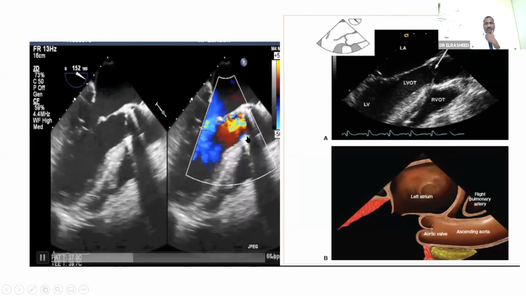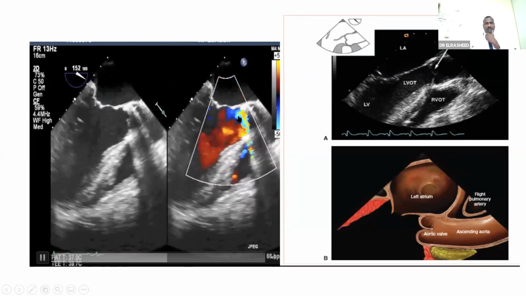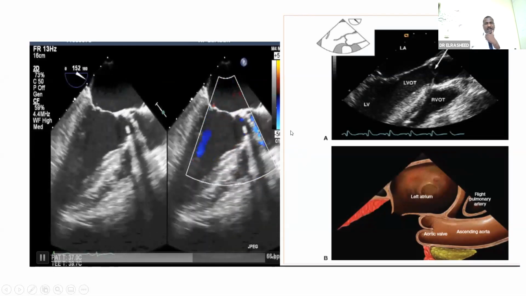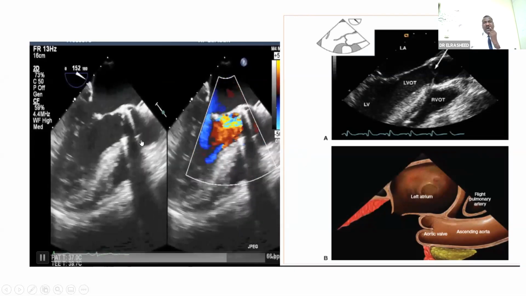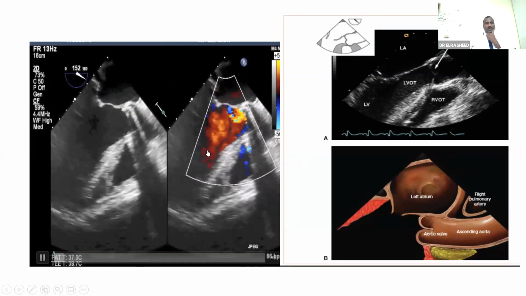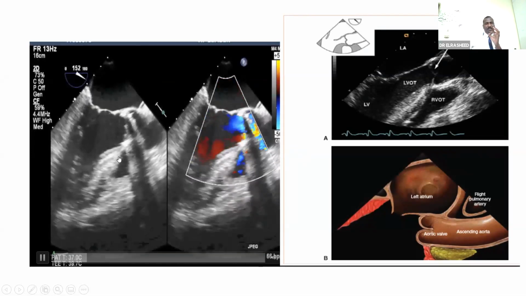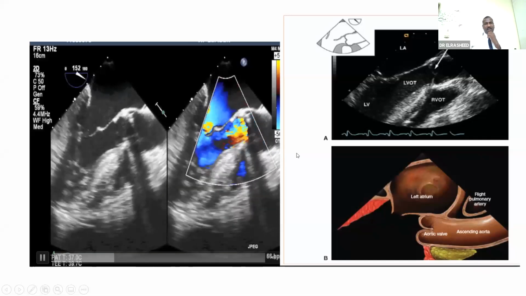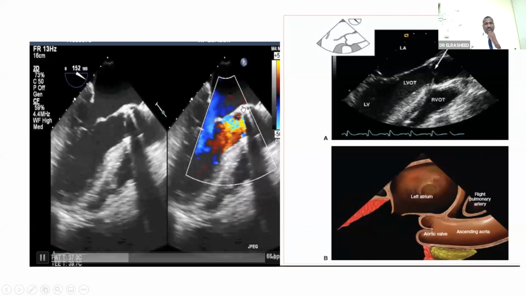But this one we did, of course, multiple views from the transgastric and from the short axis, and you can tell from the short axis whether it is coming from inside or outside. Here, I agree with you. It is difficult because of the shadowing.